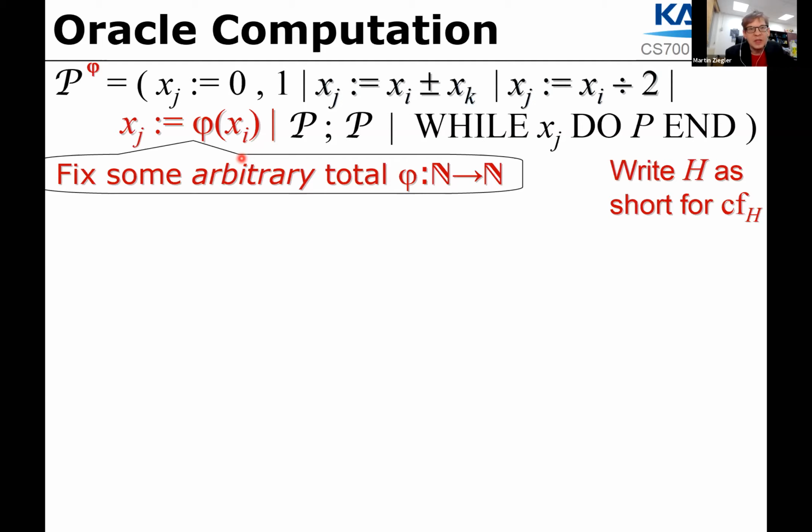So when we put the superscript phi to the program to indicate that phi is the function that the program can call, we can actually replace that function, we can replace that oracle, and the program will still make the same calls to this external function. Yeah, this is like in linking, right?